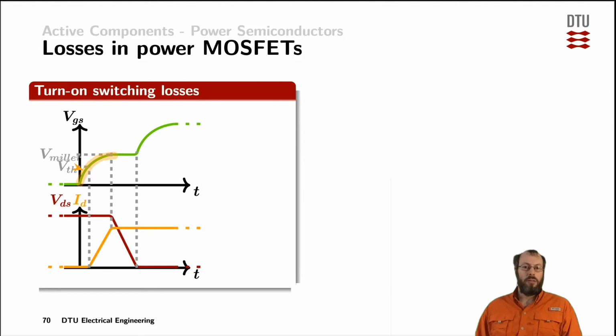On the way to the Miller plateau, we cross the threshold voltage, and at the threshold voltage, the drain current of the device starts to rise. That means the transistor starts conducting. When we reach the Miller plateau with the gate source voltage, the drain source voltage stops blocking the reverse voltage, the voltage that was applied across drain and source.